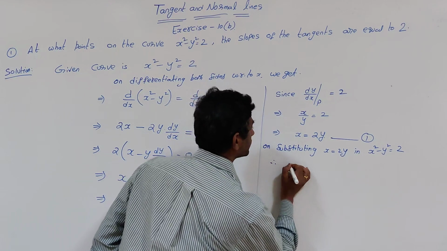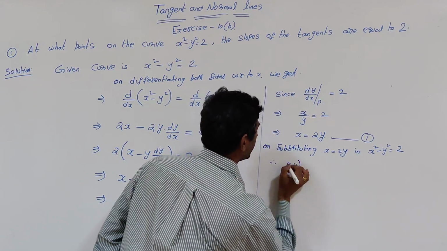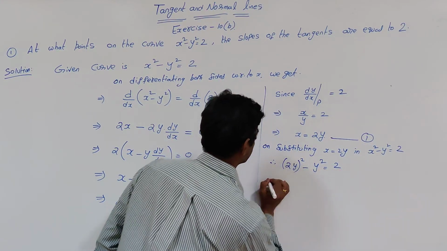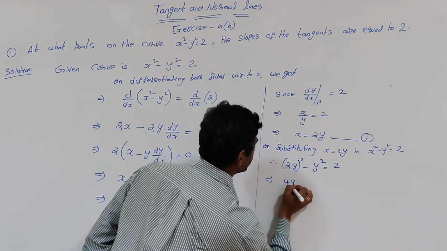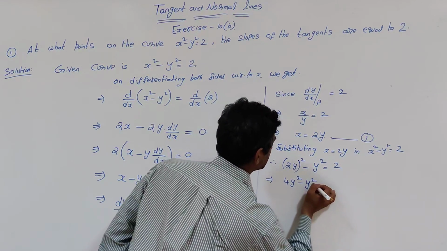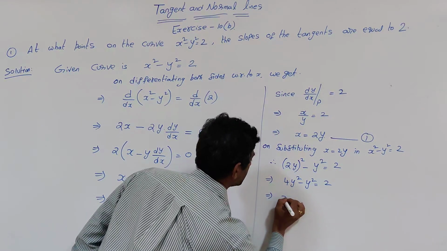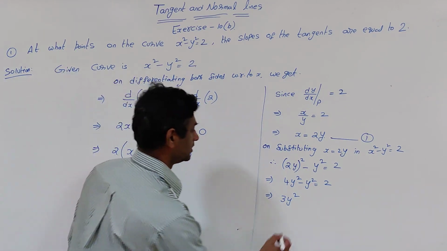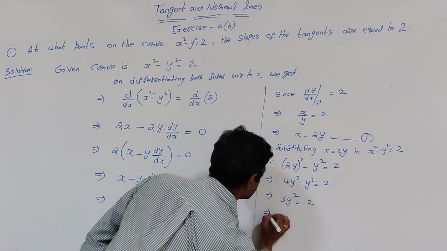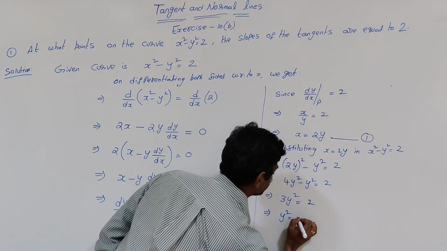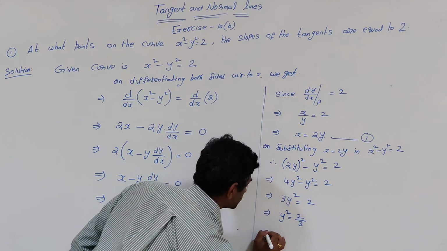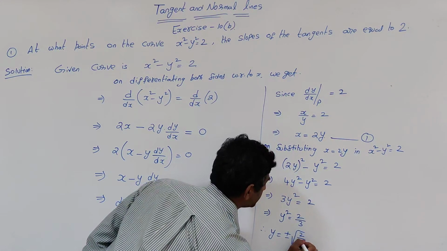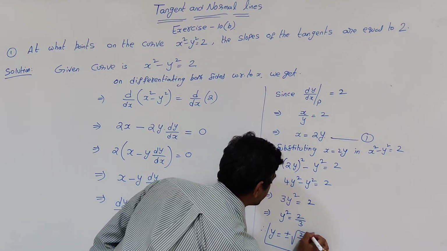So therefore 2y whole square minus y square is equal to 2, implies 4y square minus y square is equal to 2, implies 3y square is equal to 2, because 4y square minus y square gives 3y square, implies y square is equal to 2 by 3. So therefore y is plus or minus square root of 2 by 3. So that is the value of y.